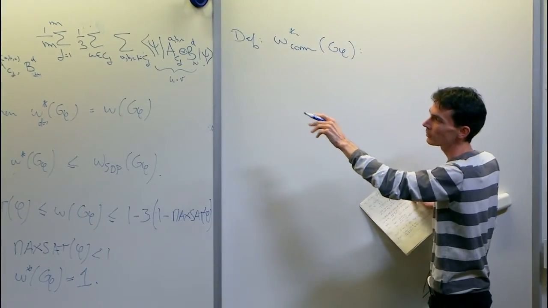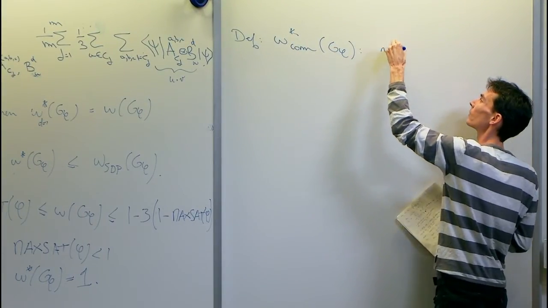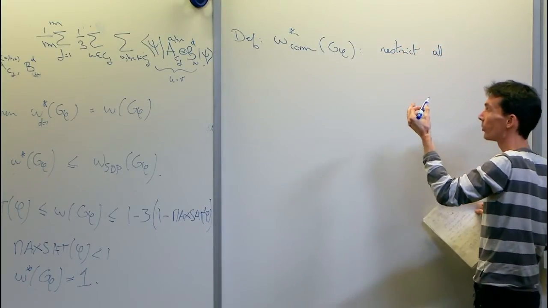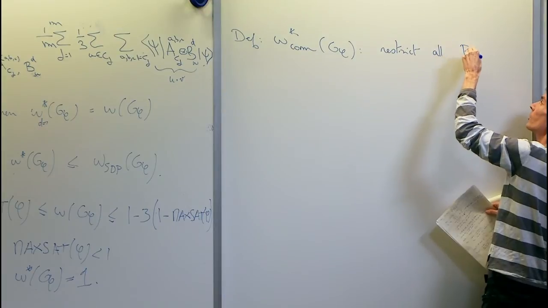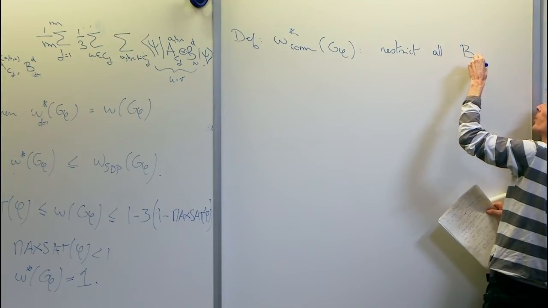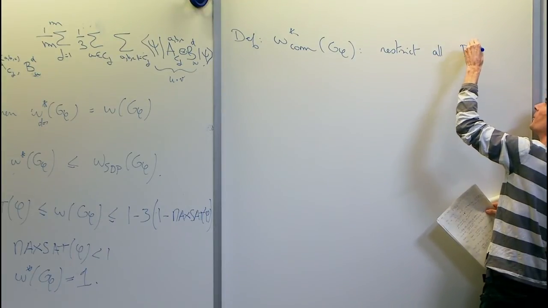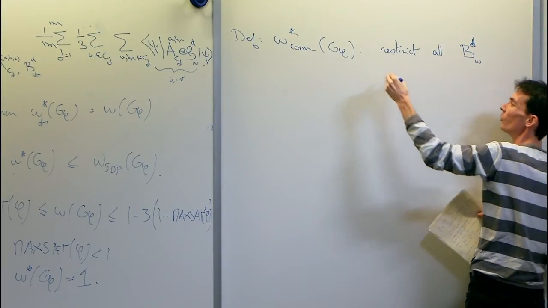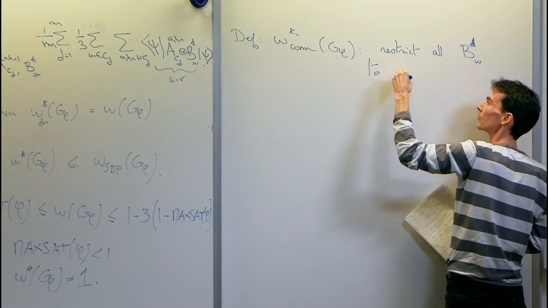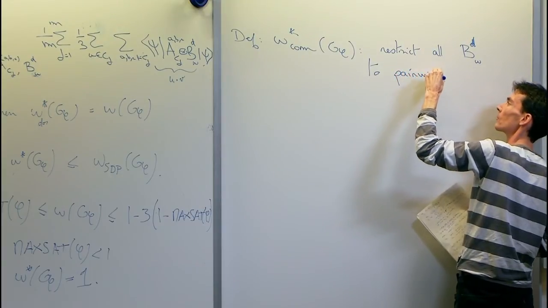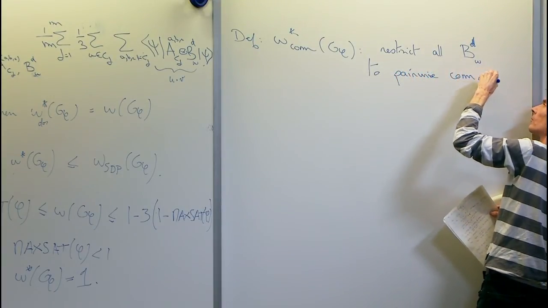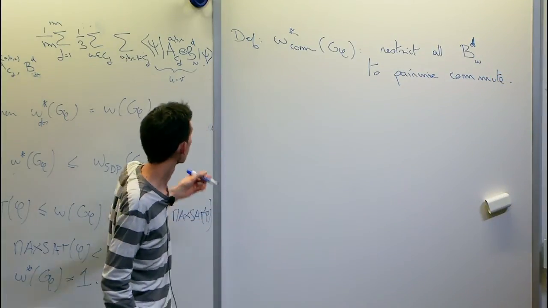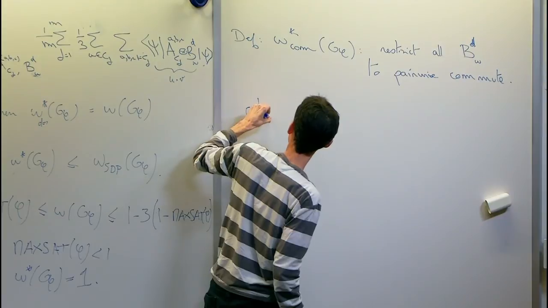The same thing, but I constrain all of Bob's measurements, all these measurement operators that Bob applies, to commute. Let's define this.